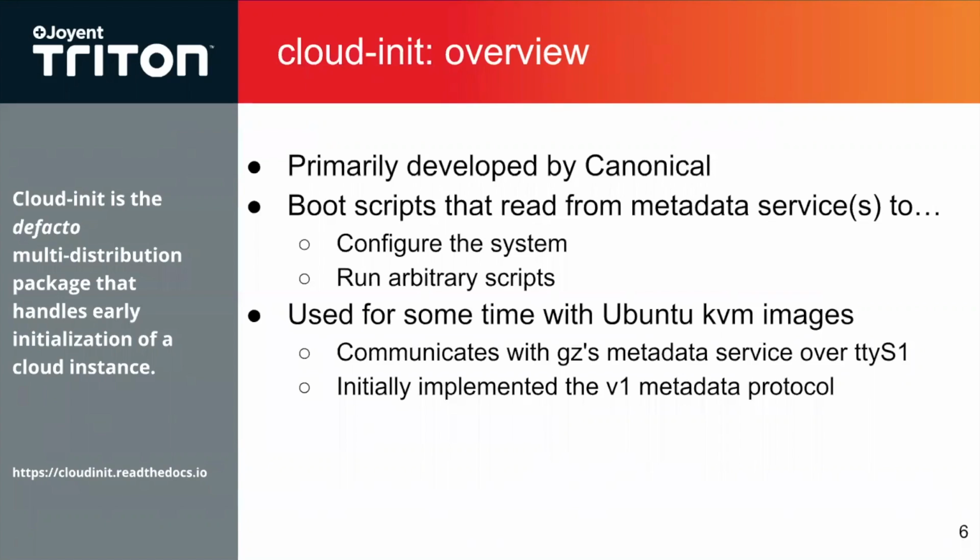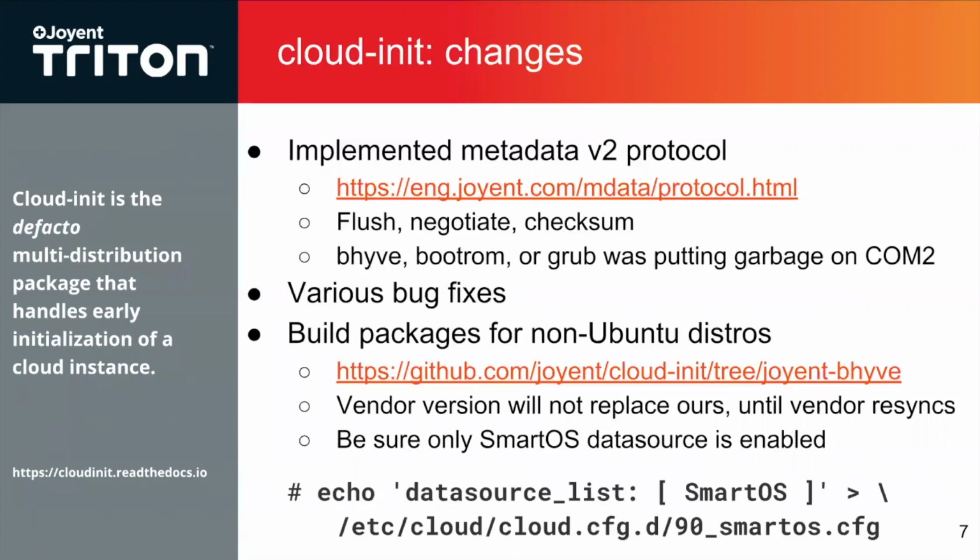So cloud-init has been used for some time with KVM images, but the version that was there when we started the Bhyve project didn't work so well with Bhyve. It used the v1 metadata protocol, which doesn't have some of the niceties or some of the safeguards that are needed. So to make cloud-init work with Bhyve, we needed to implement the v2 protocol.